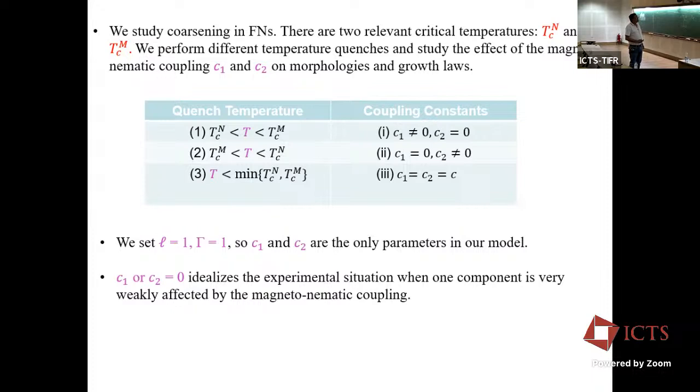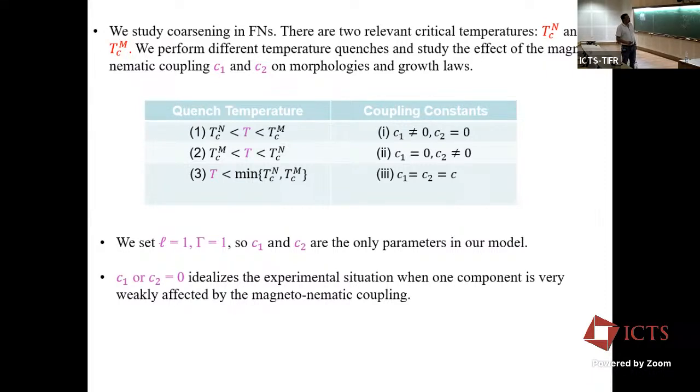The second possibility is the opposite, which means the magnetization does not intrinsically order, but the liquid crystal does. And then, of course, you can quench to a temperature below both, in which case both components order spontaneously.